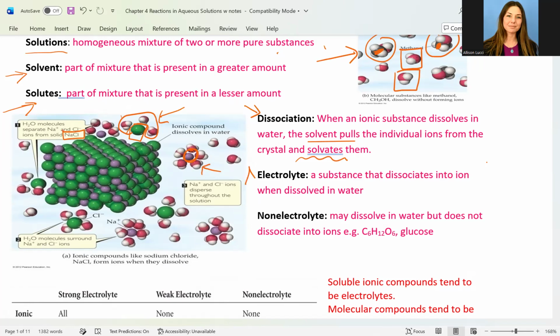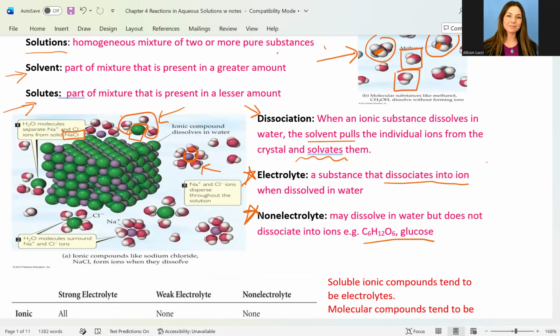And the terminology here, electrolyte, is any substance that will dissociate into ions when dissolved in water. So we could say sodium chloride is an electrolyte. It will dissolve or dissociate specifically into ions when dissolved in water. And then we have things like methanol above or other non-electrolytes like glucose.